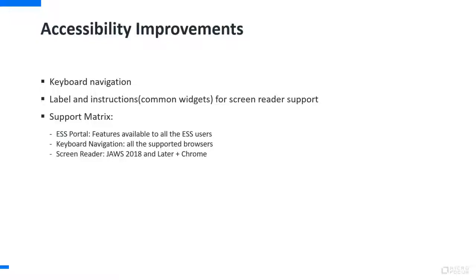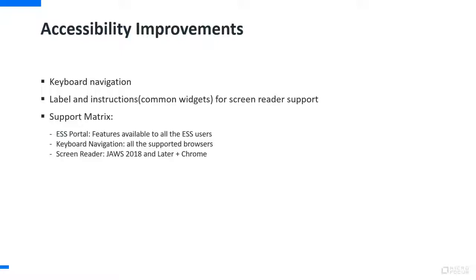And also from the May release, we start to invest some effort in accessibility support. In the May release, we mainly focus on two parts. One is the keyboard navigation, and we provide some meaningful keyboard sequence to support the keyboard navigation in the service portal main page.